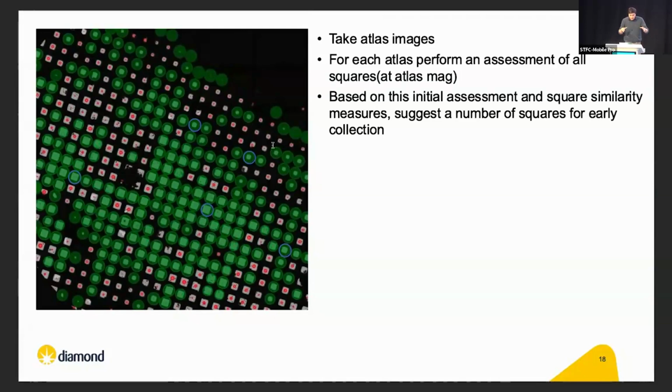So you want to, based on different groupings of squares and foil holes, kind of sample that distribution a little bit to get some feedback quickly. So you'd suggest doing like a quick early data collection to get some of that feedback going.